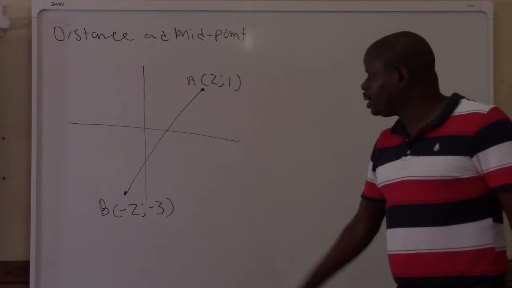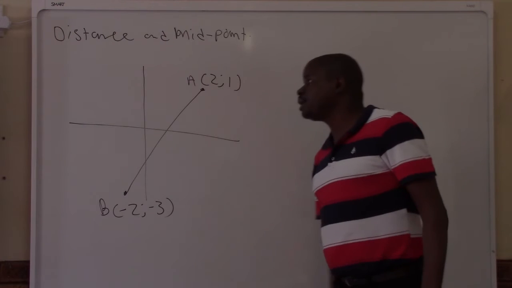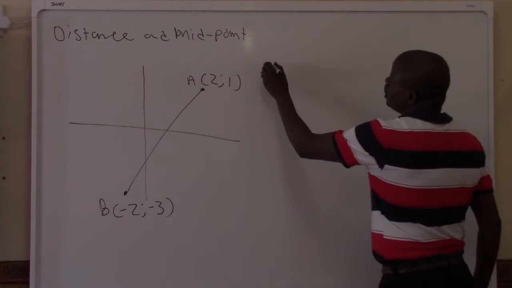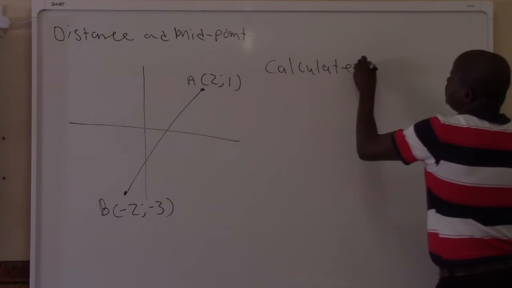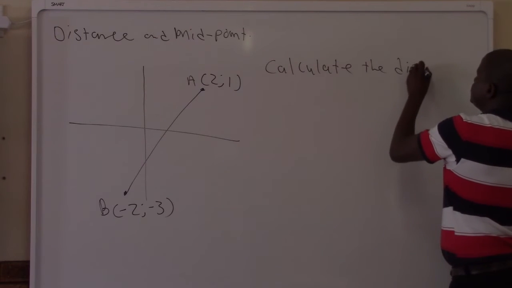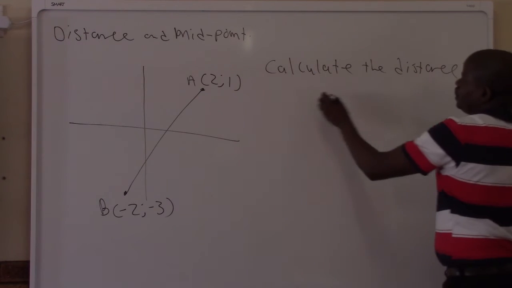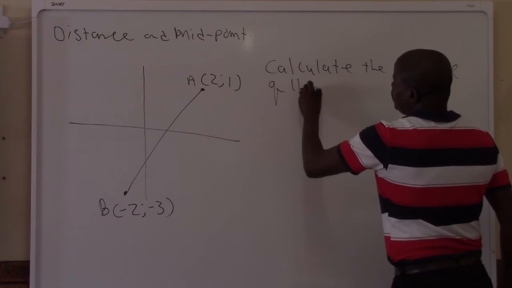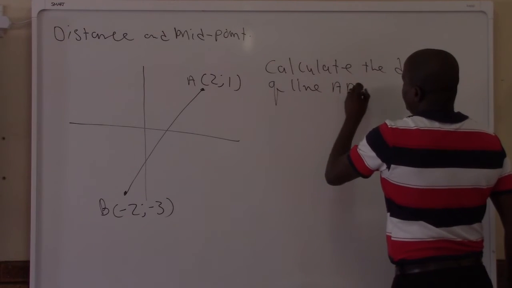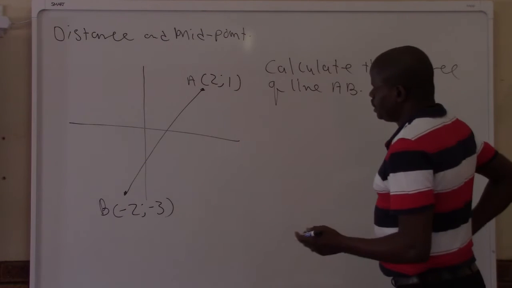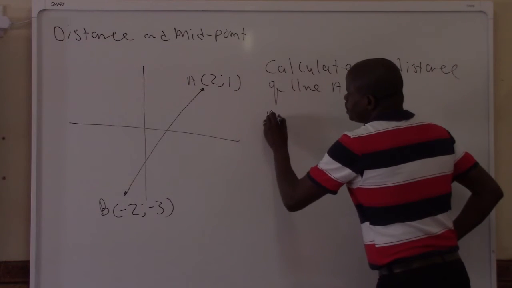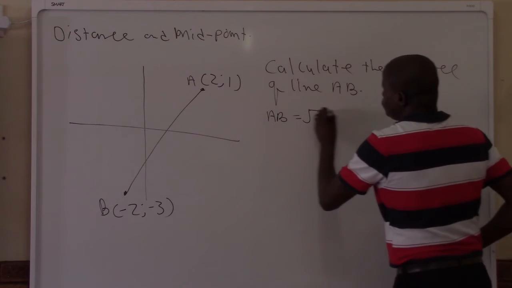So if we have that line, and then they say to you, calculate the distance of line AB.